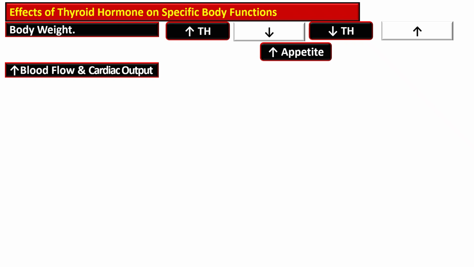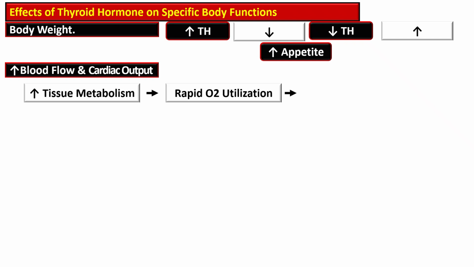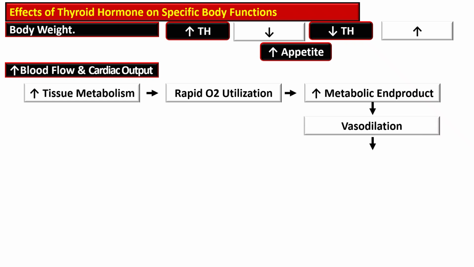There is also effect on the cardiovascular system. There is increased blood flow and cardiac output. The increased tissue metabolism will result in increased utilization of the oxygen that increases the metabolic end products.